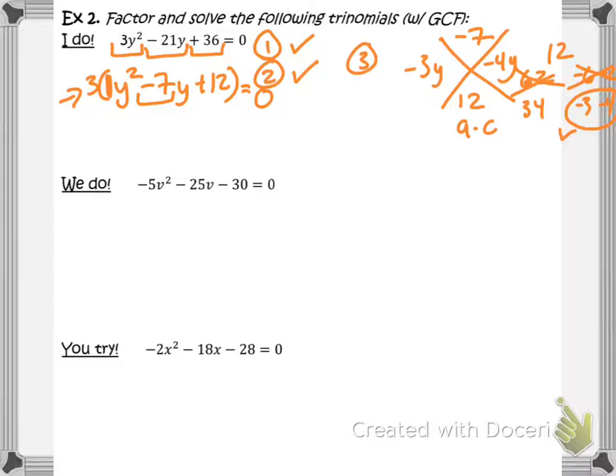Alright, let's rewrite this trinomial into a polynomial with 4 terms. So I still have 3 on the outside, and I have 1y squared minus 3y minus 4y plus 12 equal to 0. Let's do factor by grouping. Ignore this.